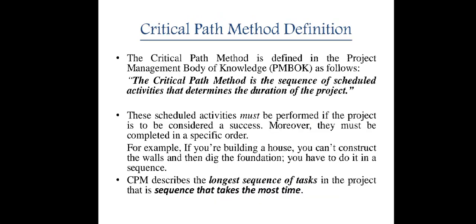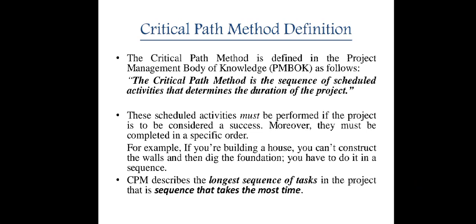Now let us see the definition of critical path method. So it is defined in the Project Management Body of Knowledge as follows. Critical path method is a sequence of scheduled activities that determines the duration of a project. So it is a sequence of scheduled activities, one after the other.